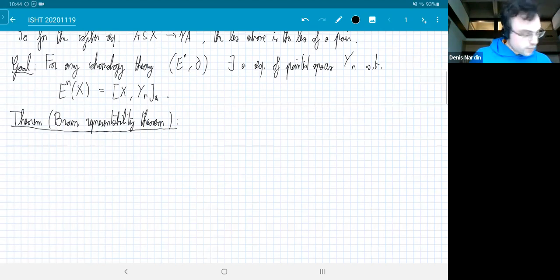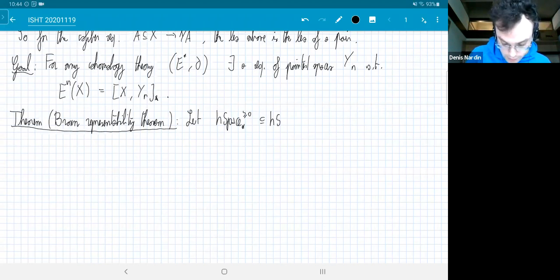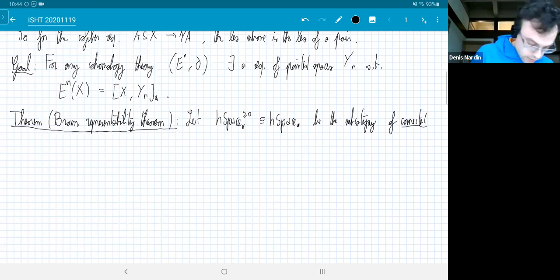So let H-Space pointed, greater or equal than 0, be the subcategory of connected, which of course is the same as path connected, because we're working with nice spaces. Connected pointed spaces, sorry, that's also important.